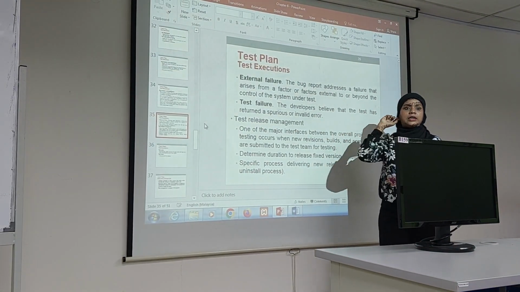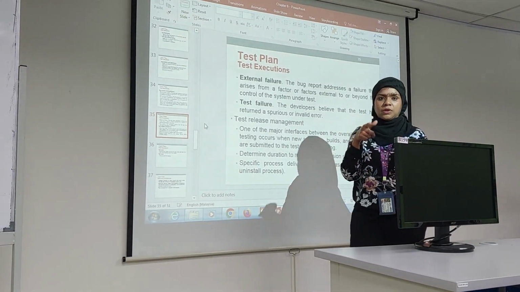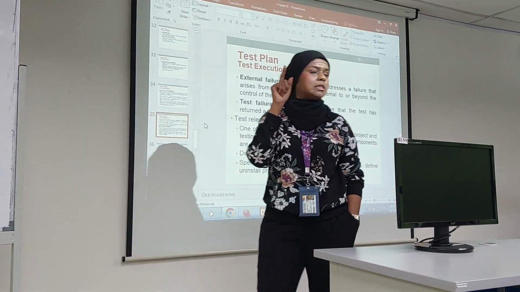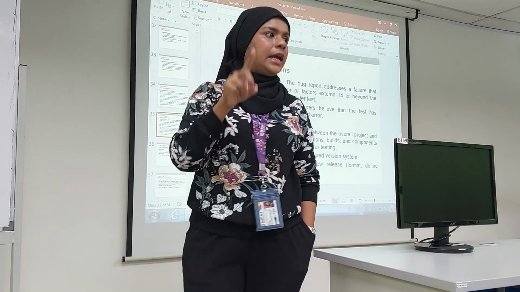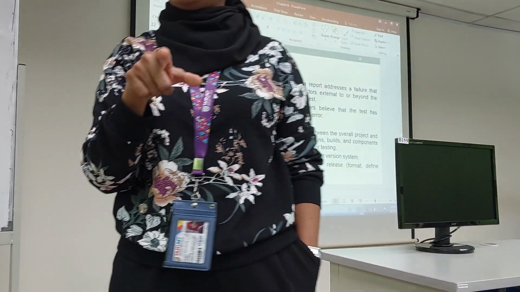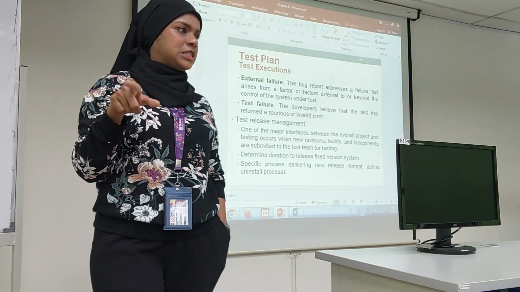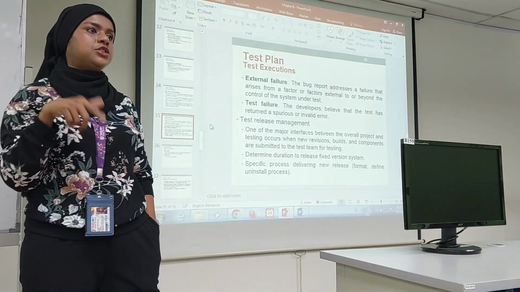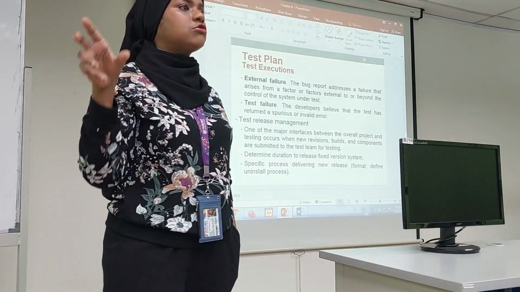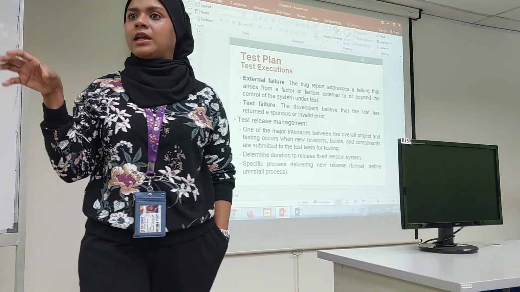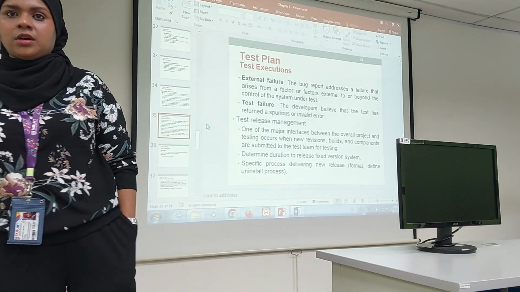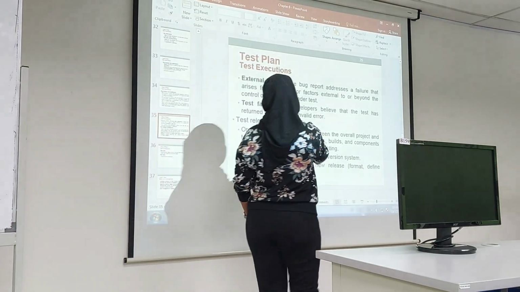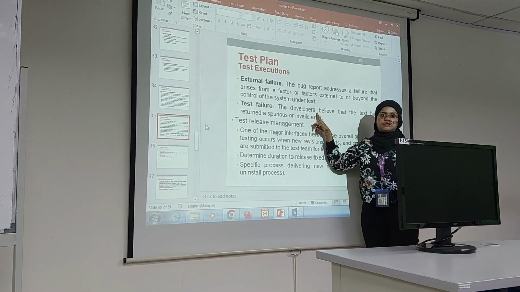Test failure is, we cannot blame the development. The blame is on the testers. When they do the test execution, they made a mistake. Maybe the test data which they generated is not suitable, so they did not get an accurate test result. Okay, so this will be more on the tester side.